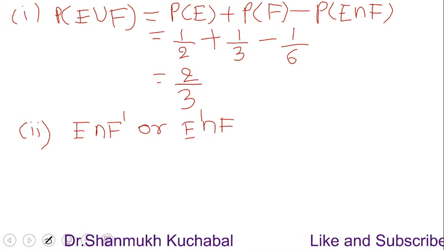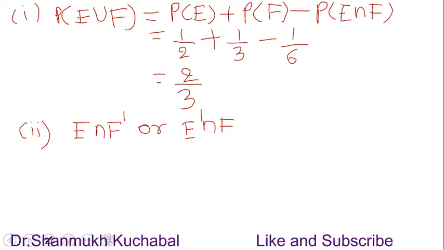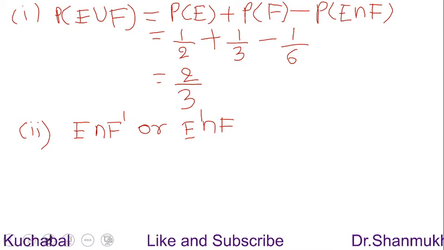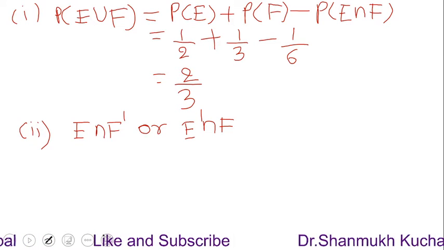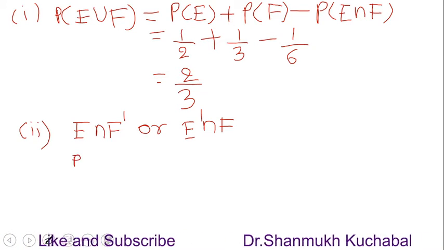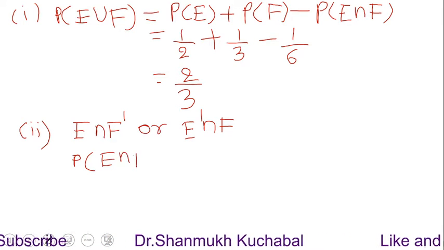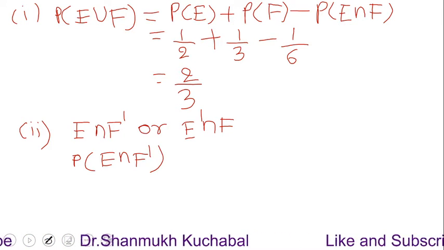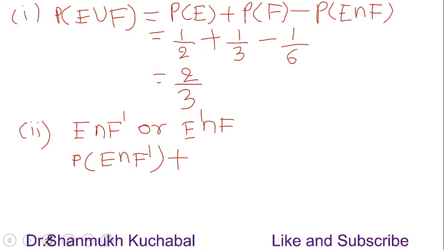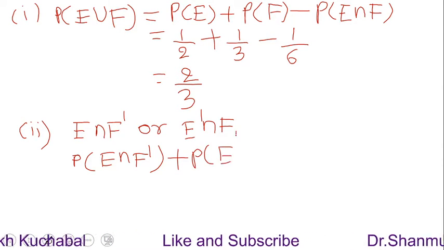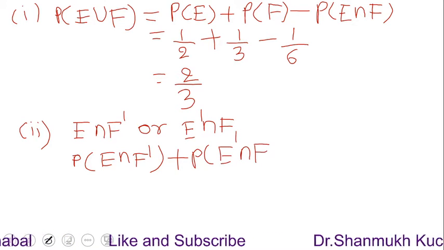In between there is an 'or', so we represent this as probability of E intersection F dash, plus, or option, probability of E dash intersection F.